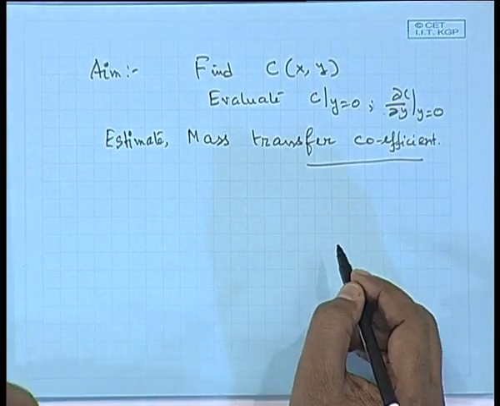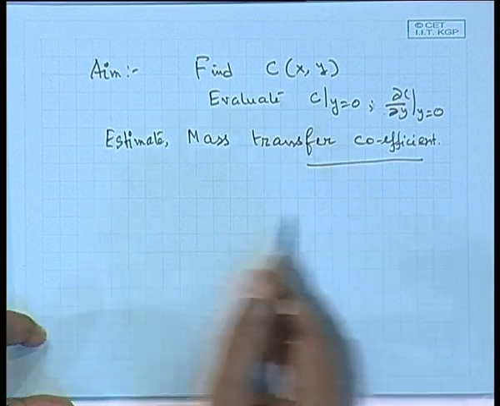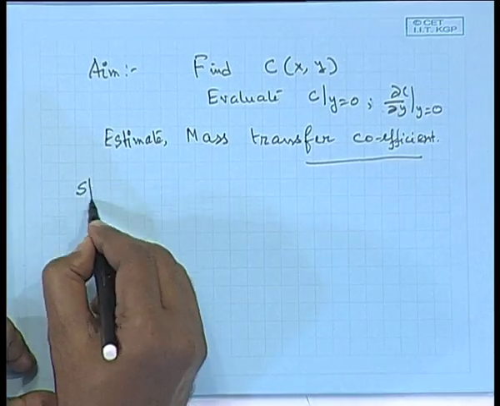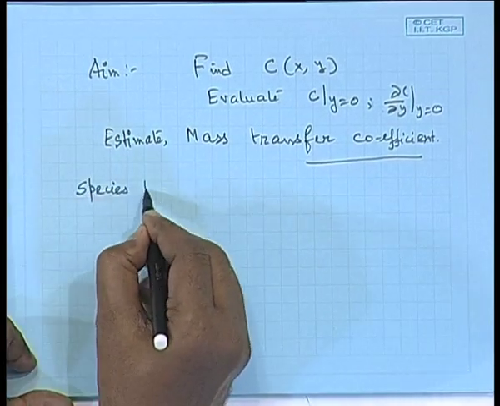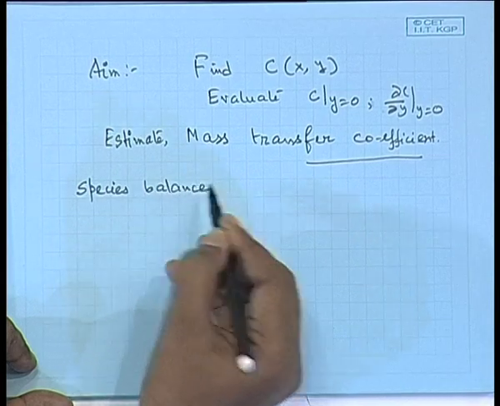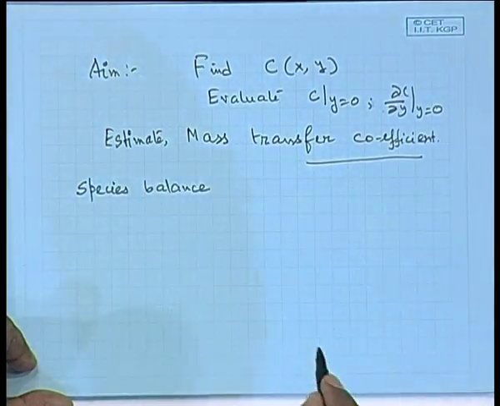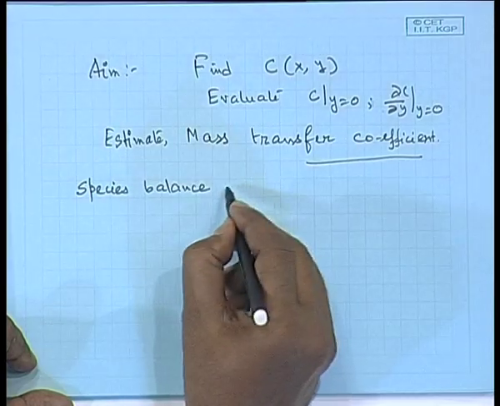Okay. Now, what should we write now? We should write a species balance or component balance within the concentration boundary layer.